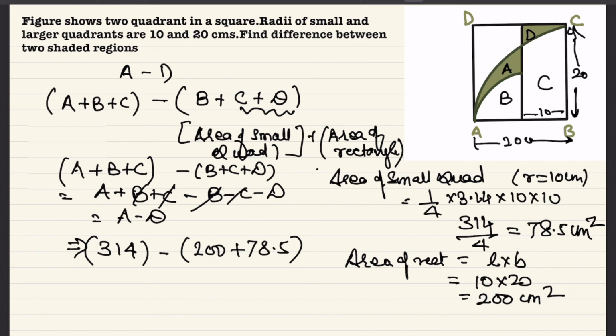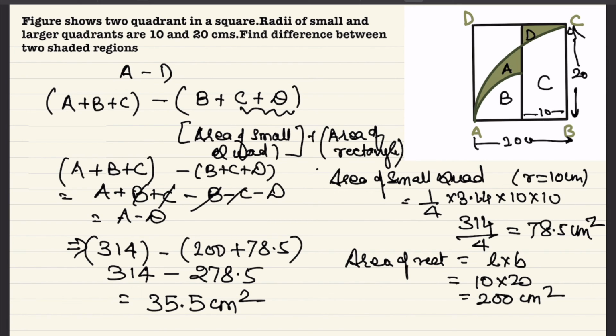This is the area of the rectangle plus the area of the small quadrant, which is 78.5. So 78.5 plus 200 will give you 278.5, and this was 314. On subtracting, we'll get 35.5 centimeter square.